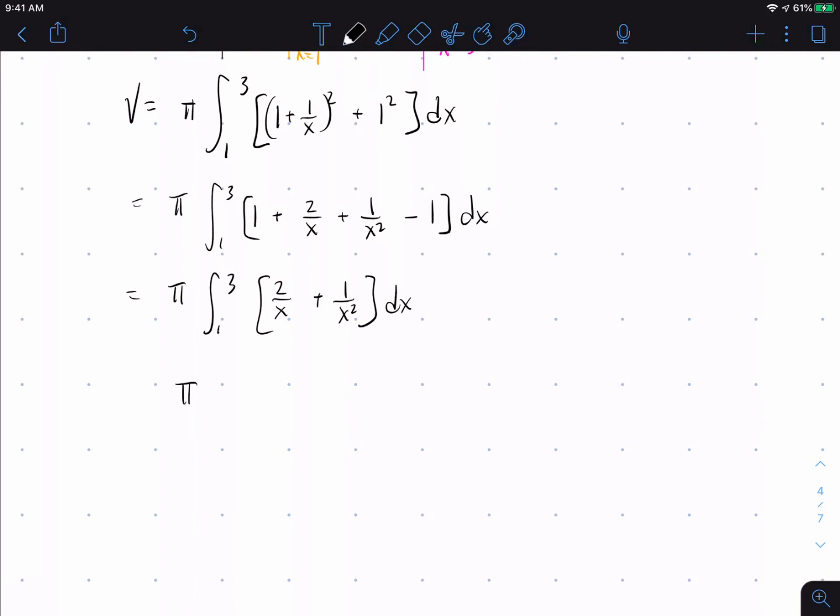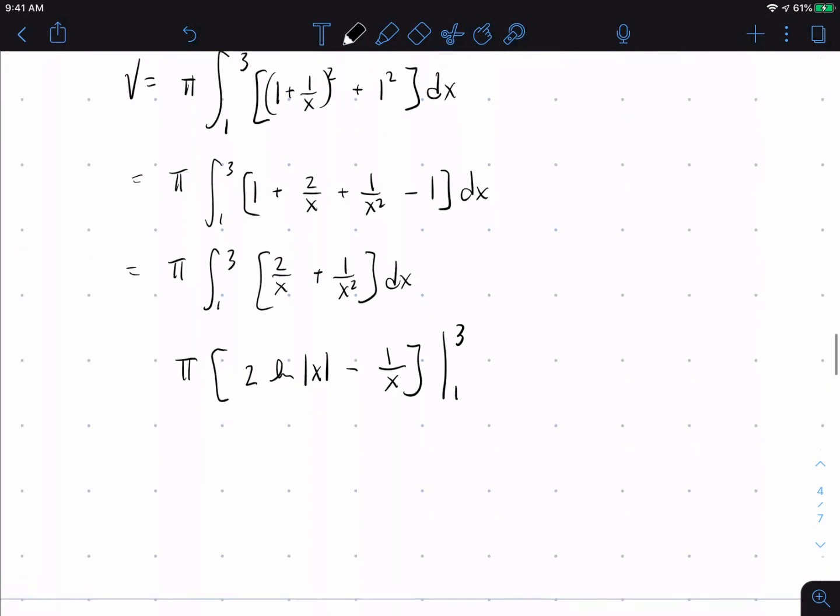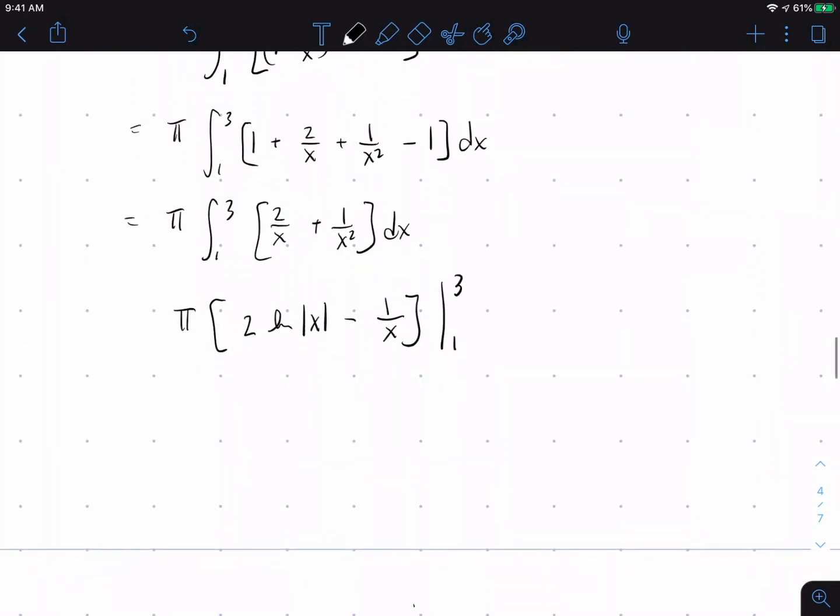And that's going to give me, when I take the integral, 2 ln of absolute value of x minus 1 over x evaluated from 1 to 3, which is going to give me pi times 2 ln of 3 minus 1/3 minus, my apologies, 2 ln of 1 minus 1.